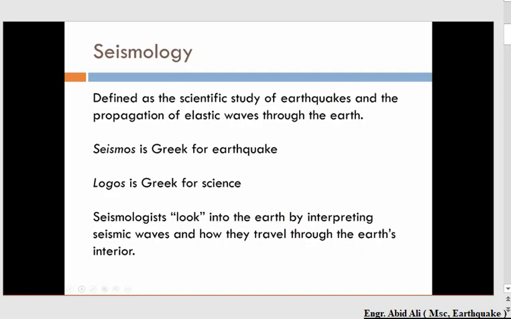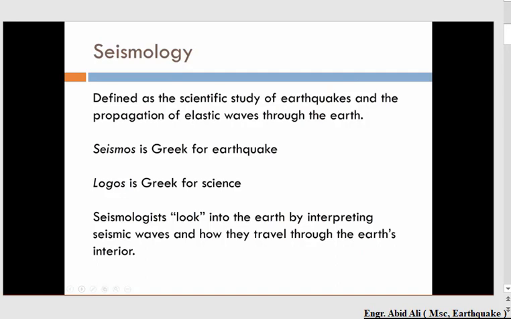The seismologists are unique people because they have the ability, in essence, to look, and I have this in quotation marks, look into the earth by interpreting seismic waves and how they travel through the earth's center.